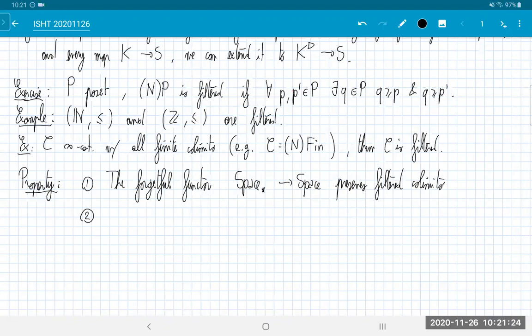The second one, which is actually the most important, is that filtered colimits in spaces, and therefore also in pointed spaces, commute with pullbacks and finite products.